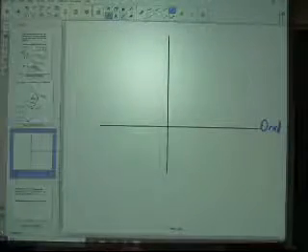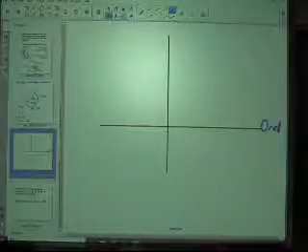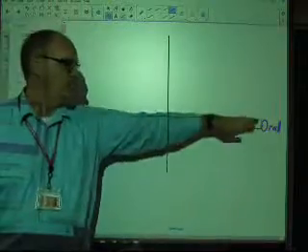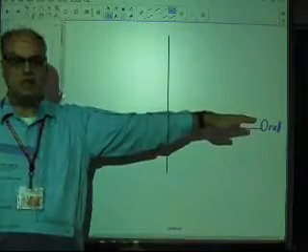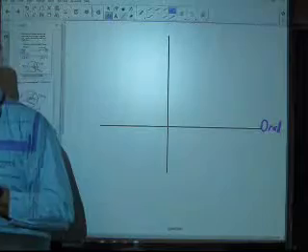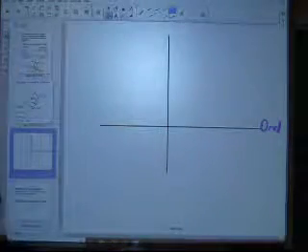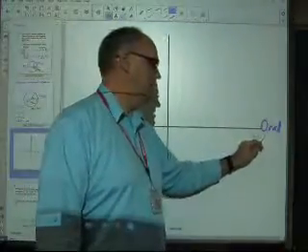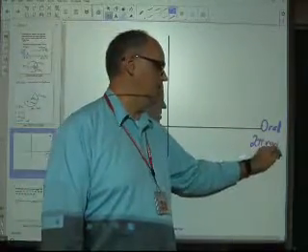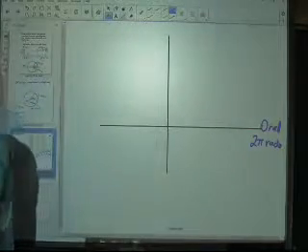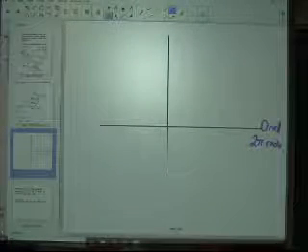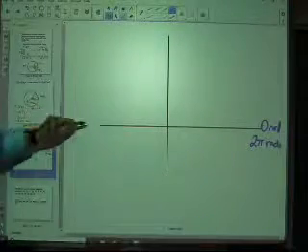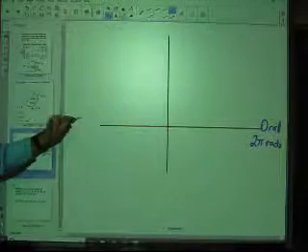If I were to completely work all the way around back to here, how many radians exactly would that be? 2 pi. 2 pi is exactly how far we go. So you go all the way around, it's back to 2 pi. So that means if you only go to here, how much is it? 1 pi. That is pi radians.